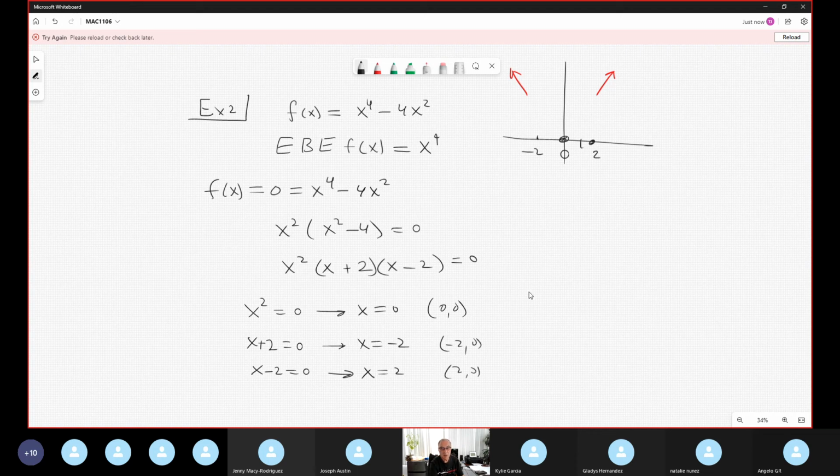Okay. And what about multiplicity? What is important about multiplicity? Multiplicity is singular. Actually, the degree of this polynomial, I forgot to explain that part, is 4.